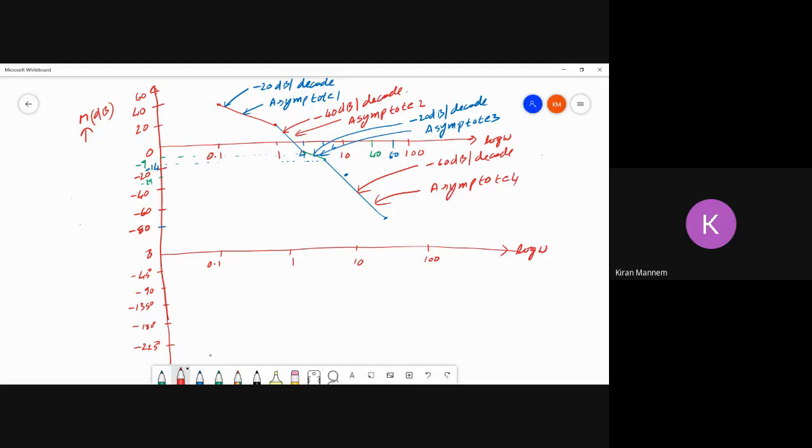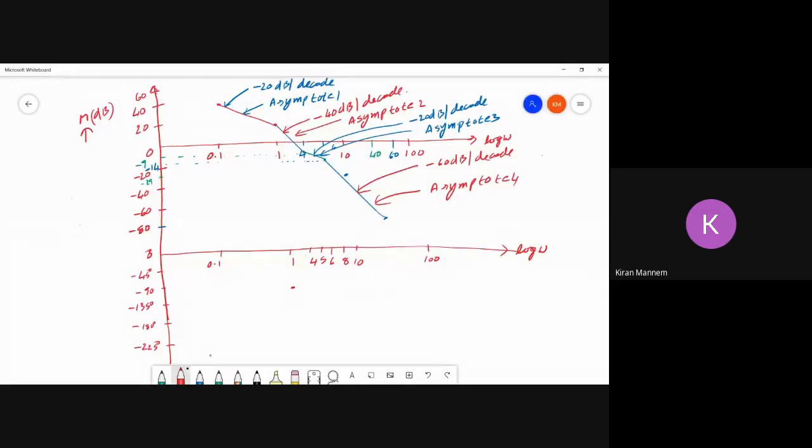So at omega equal to 1, your value is minus 123, which will be something like this. And then we have values at omega equal to 4, 5, 6, and 8.